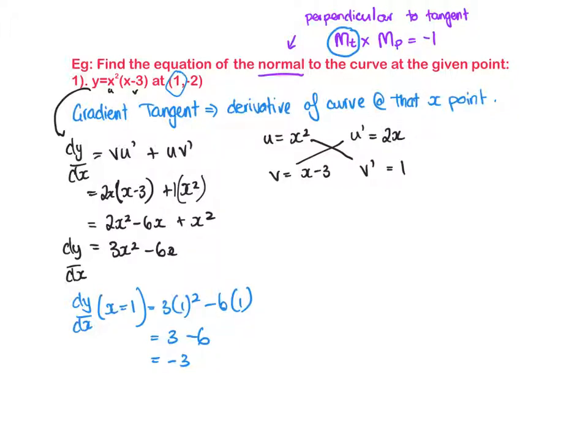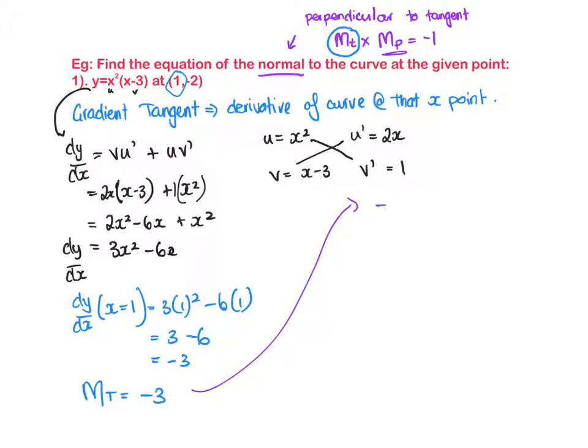Okay, so that's the gradient of the tangent equals -3. So now I want to get the gradient of the perpendicular, or the normal.